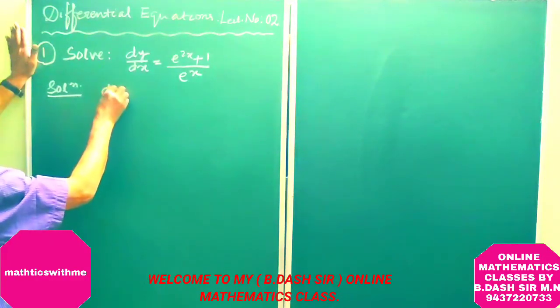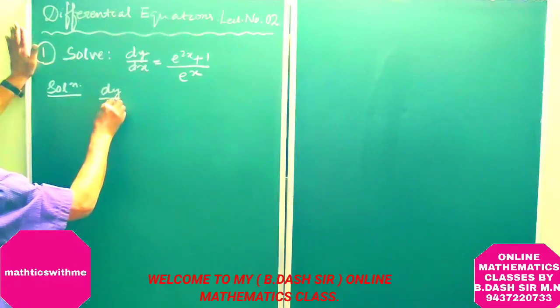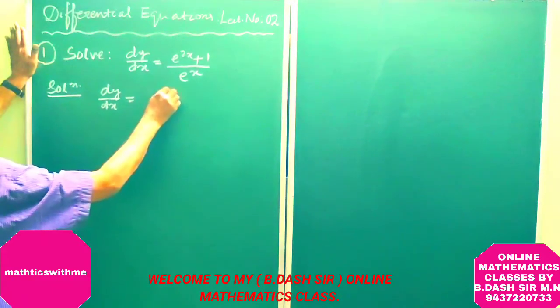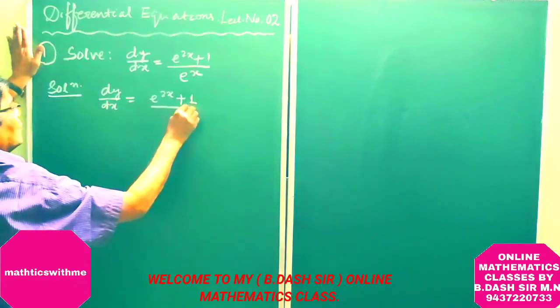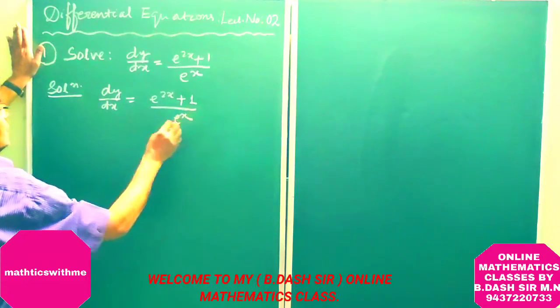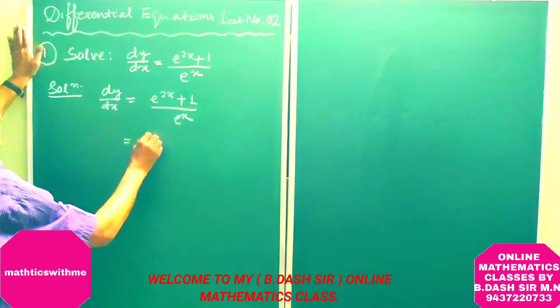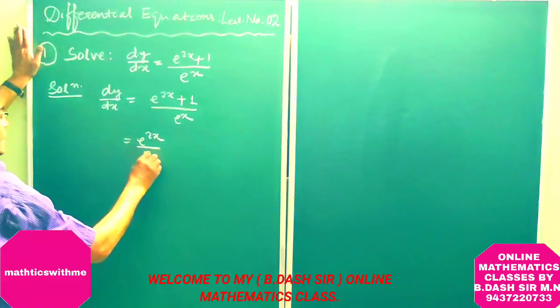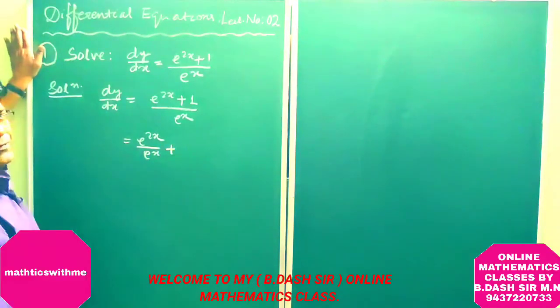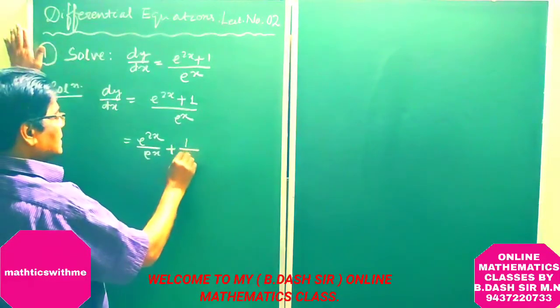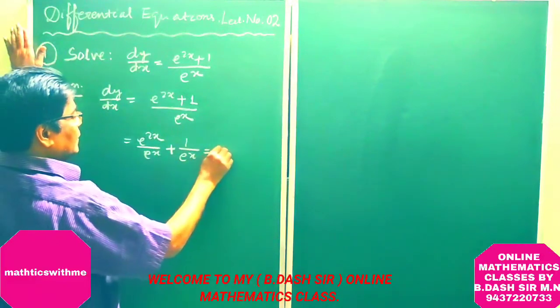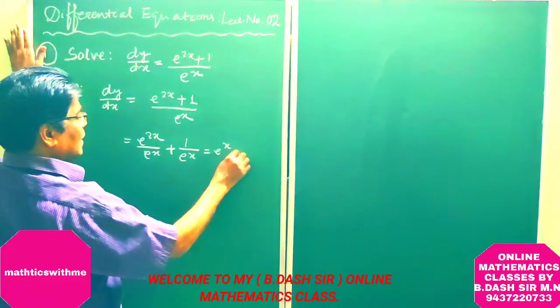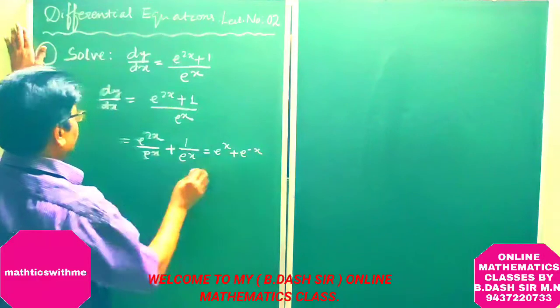We have dy by dx is equal to (e to the power 2x plus 1) by e to the power x. This is equal to e to the power 2x by e to the power x plus 1 divided by e to the power x, which is equal to e to the power x plus e to the power minus x.